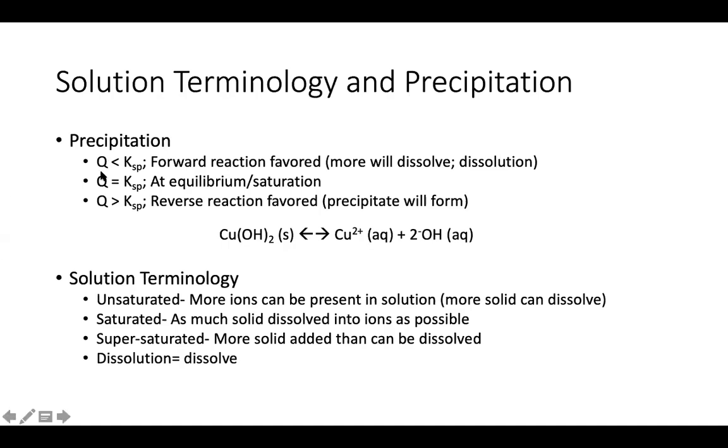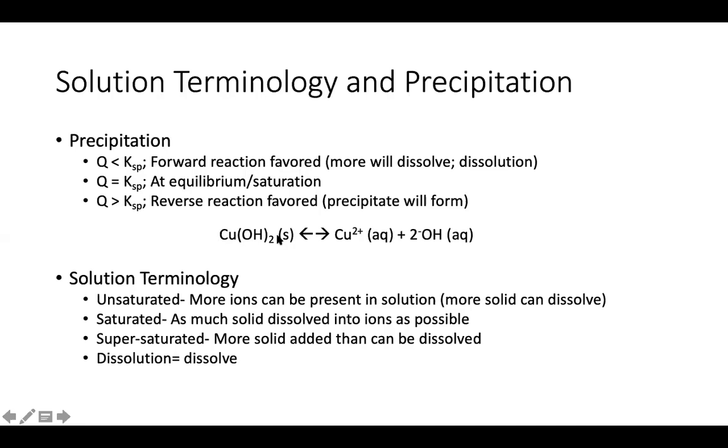So if our Q is less than our K, or our KSP in this case, that means we haven't formed enough product and we have too many reactants compared to equilibrium, which is our KSP. And so whenever Q is less than K, our forward reaction will be favored.